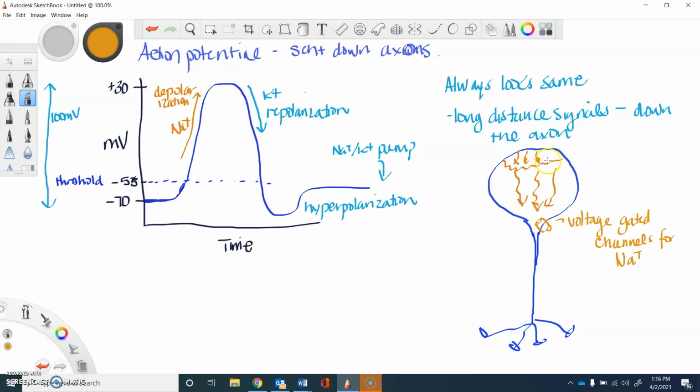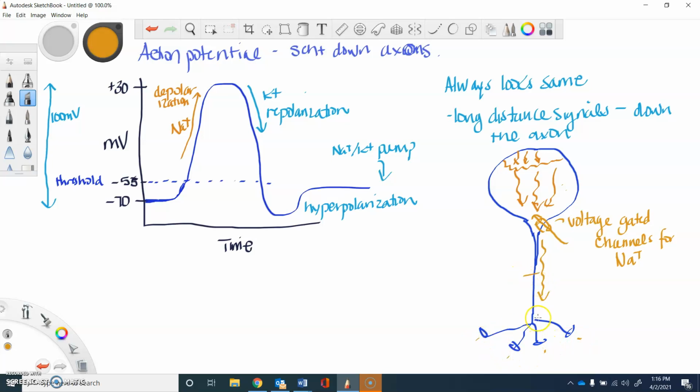And when that potential, if it is strong enough, gets the membrane to -55, then these voltage gates will open, and sodium will come in, and it will be propagated all the way down the axon. That action potential, once it goes all the way down to all of its terminals.